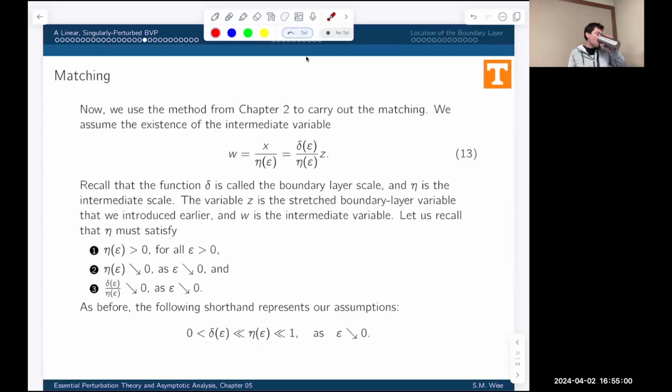Now, I introduced this process in chapter 1, or sorry, chapter 2. We used a very simple matching procedure in chapter 1 and a refined matching procedure in chapter 2. Now, we weren't talking about matched asymptotics from the point of view of applying them to singular perturbation problems.